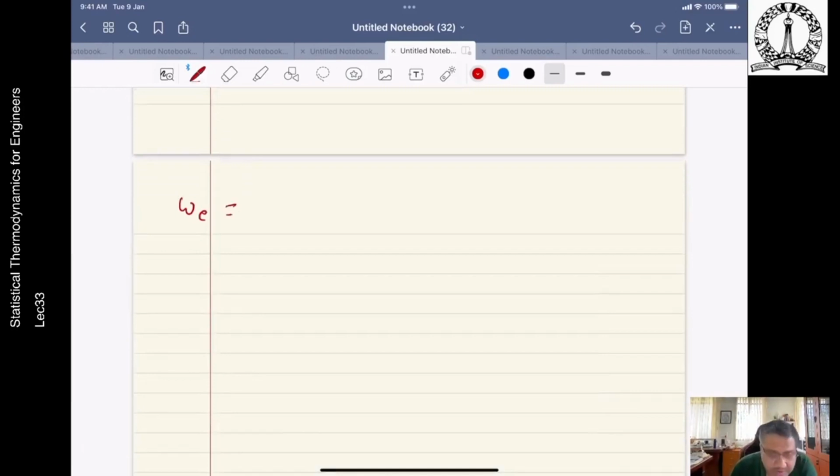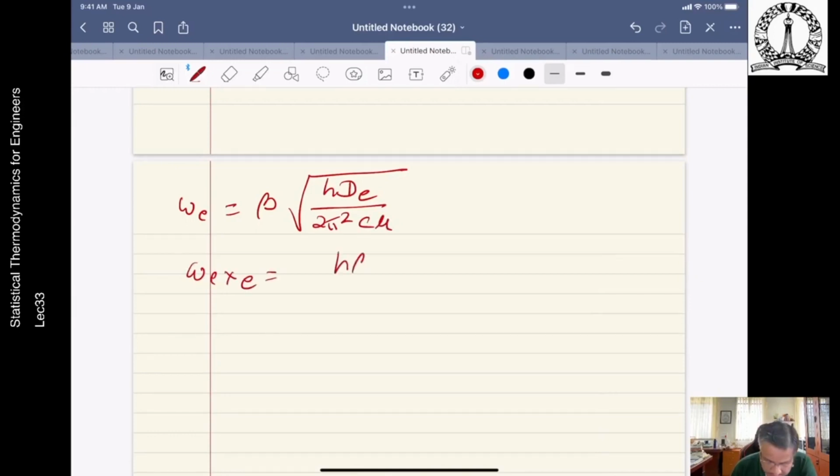Omega E, for example, is beta times the square root of DE divided by 2 pi square C mu. Then omega E XE is equal to h beta square divided by 8 pi square C mu.